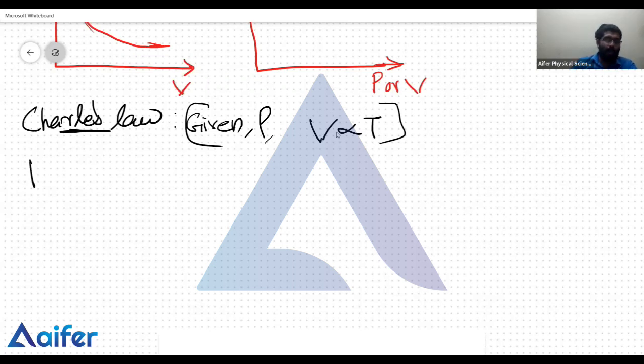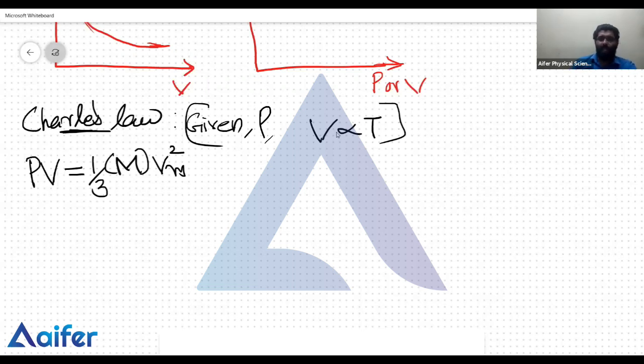So we know that PV equal to 1 by 3 Mn Vrms square, which is mass into Vrms square. This is the expression for the pressure of the gas.